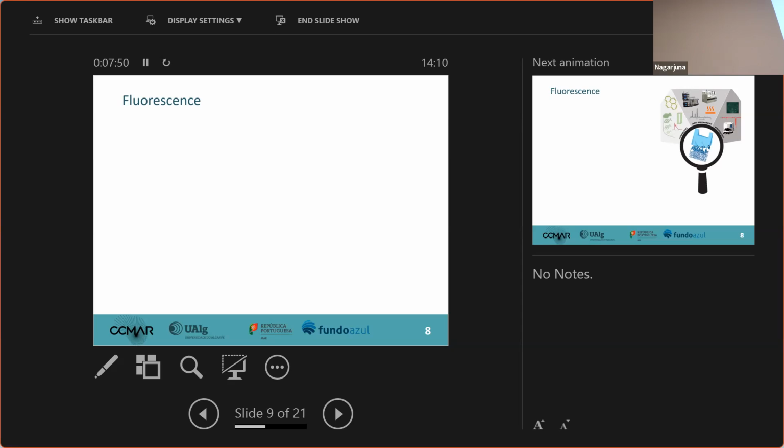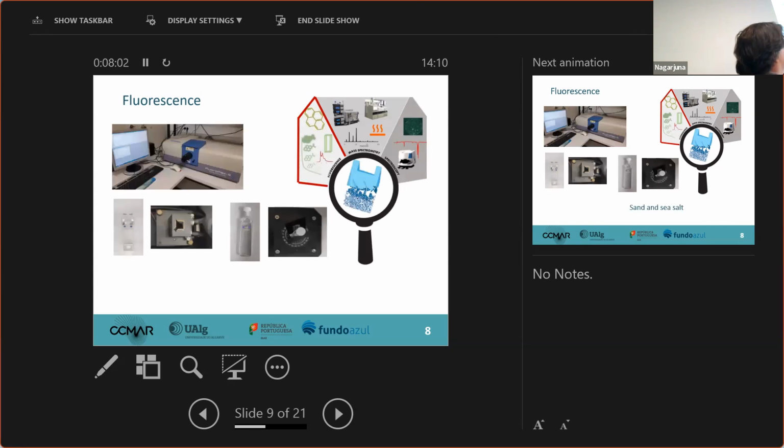But we want to do more than that. We want to really quantify the particles using fluorescence. And to do that, we can use a fluorescence spectrometer like that one. That is a system that can be used to study fluorescence in solution, in transmission mode, but also solids.